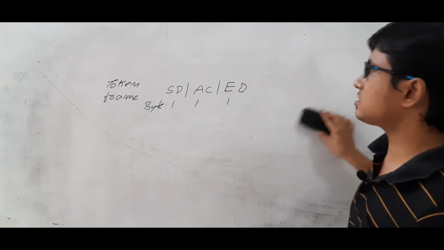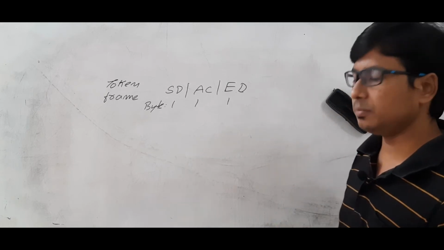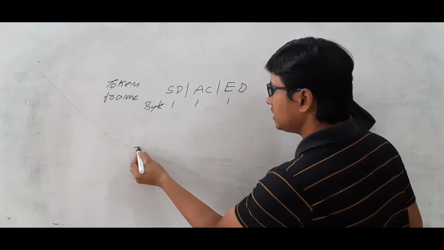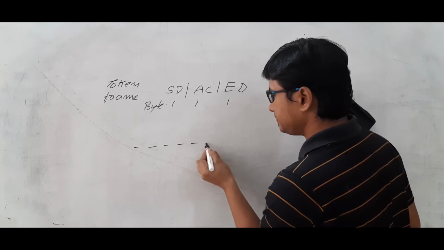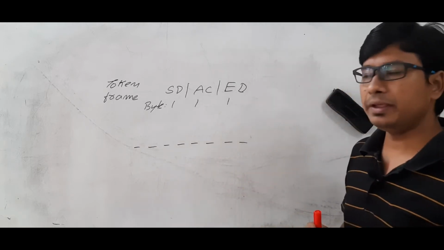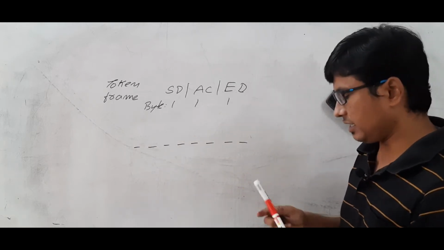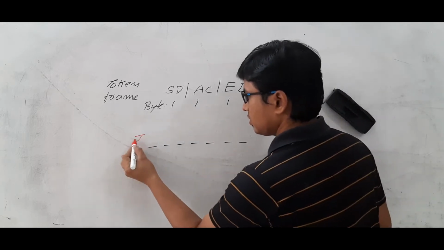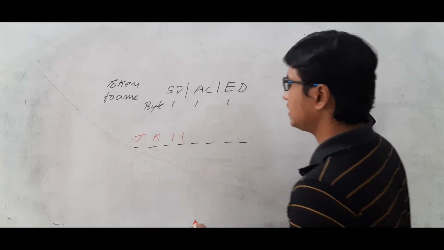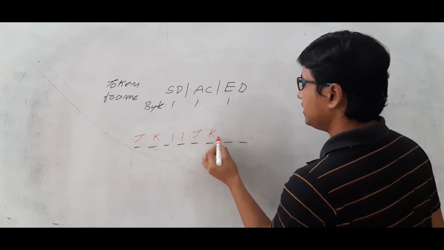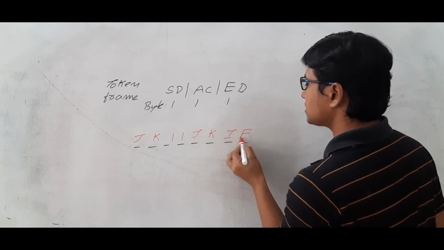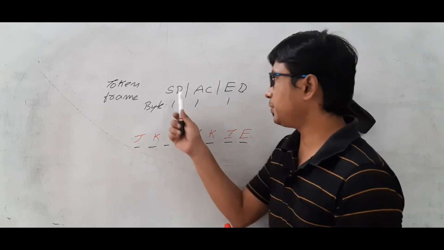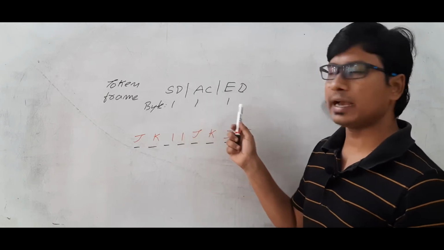Now we will discuss the end delimiter pattern. As it is again 8-bit information, it will be again JK1 JK1 IE. Again it has a separate pattern compared to the data and access control.